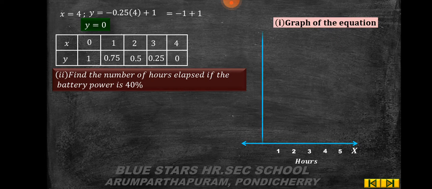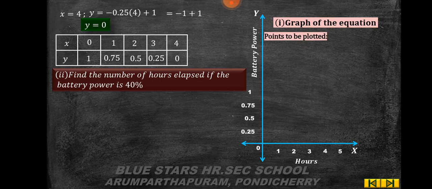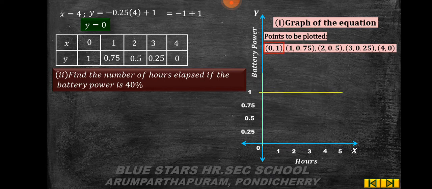You just write the x and y coordinates and mark the points. X represents hours, y represents the battery power. So the points to be plotted: (0, 1), (1, 0.75), (2, 0.5), (3, 0.25), (4, 0). So (0, 1) is here.